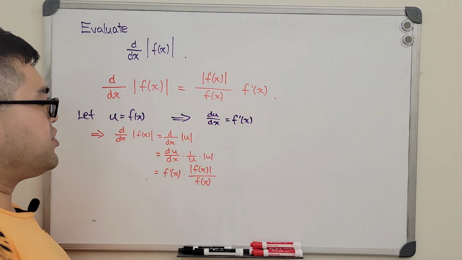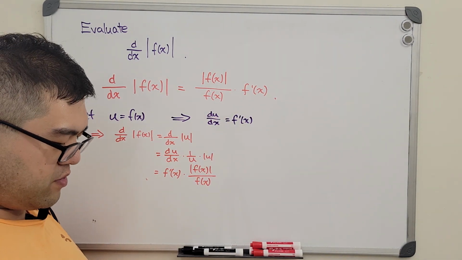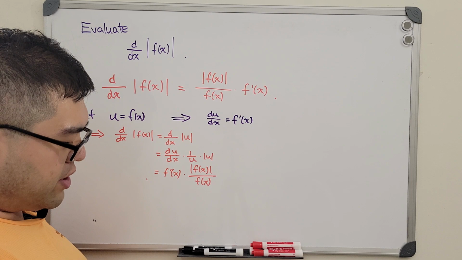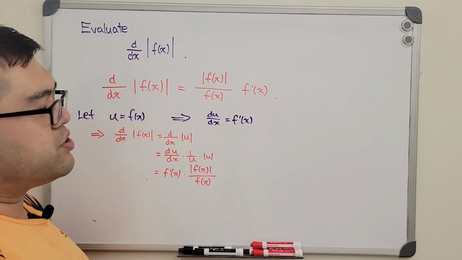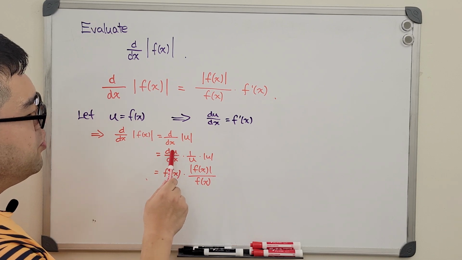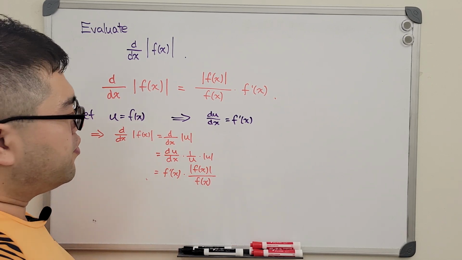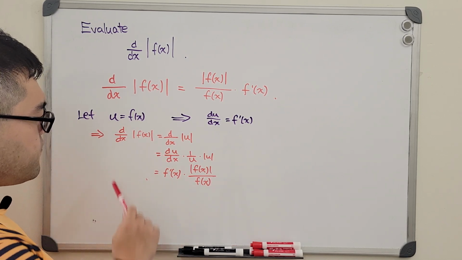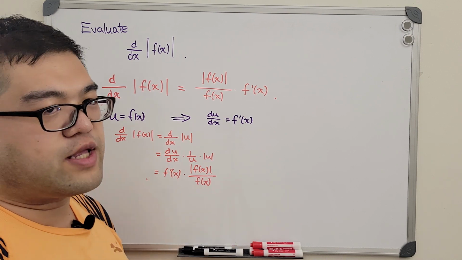And this is how we actually get the results up here. Of course, there are some tricks that generally speaking will not be allowed, such as putting a u here and dividing by u. But in the end, this is what we are going to get.